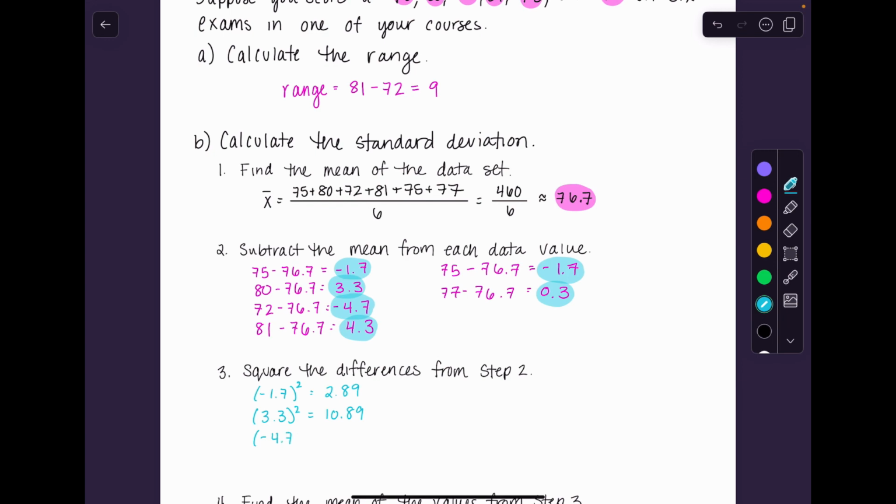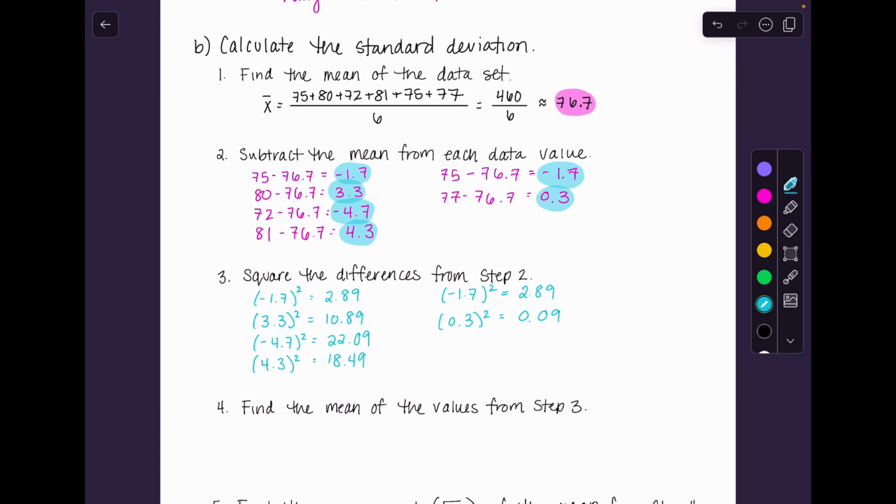Next distance, negative 4.7, squared gives you 22.09. Fourth distance is 4.3, and squaring that is 18.49. Next distance is negative 1.7, and squared will be positive 2.89 again. Then we've got 0.3 squared, which gives us 0.09. Okay, so again, it put everything on the same playing field so that all of those distances became positive values.